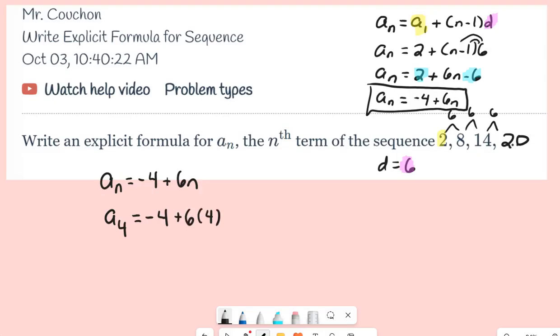Let's see if that does get us to 20. So we have negative 4, that's going to stay the same, plus 6 times 4, which is 24. And then negative 4 plus 24 would be 20. So we've checked it, and it does work.